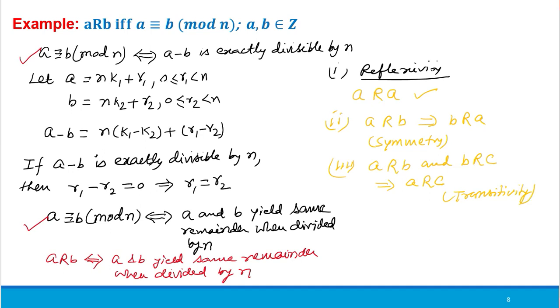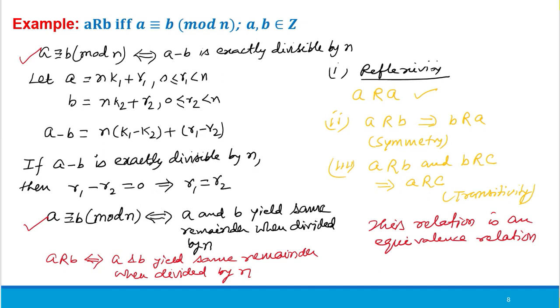If A and B yield the same remainder, and B and C yield the same remainder when divided by n, then obviously A and C yield the same remainder when divided by n. And therefore, this relation is an equivalence relation.